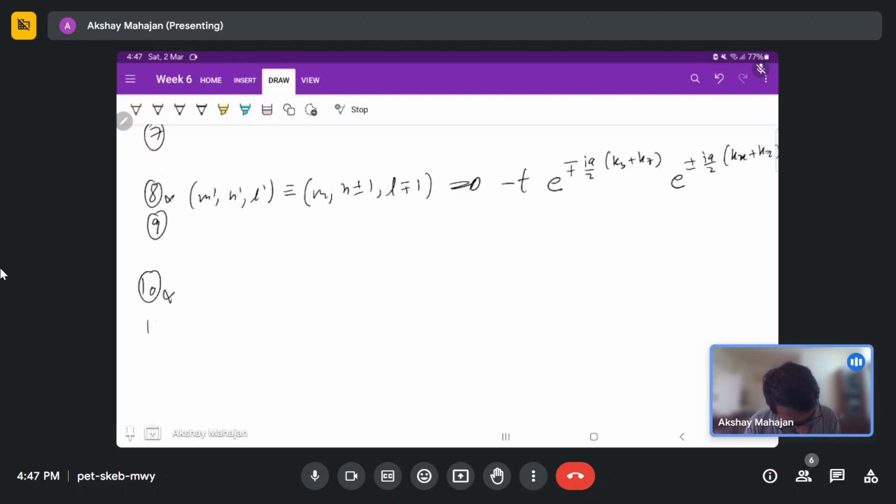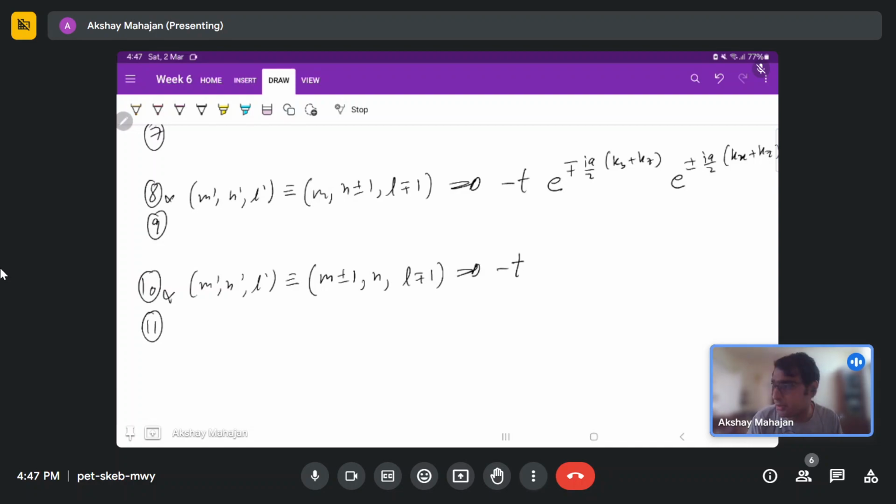Then you will have the 10th and 11th term. We know that the neighboring terms will always be in even numbers, and we will always have one term and its complex conjugate. So we have n prime, l prime, and the next neighbor will be m plus minus 1 comma n comma l minus plus 1.